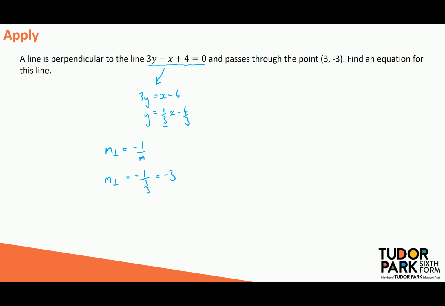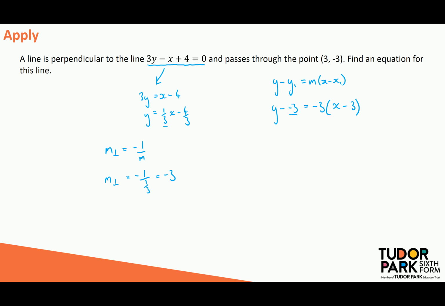Now I've got the gradient, I've got a point, I'm back to my favourite equation, y minus y1 is equal to m lots of x minus x1. Y minus minus 3 is equal to minus 3 lots of x minus 3. Too many 3's going on here.